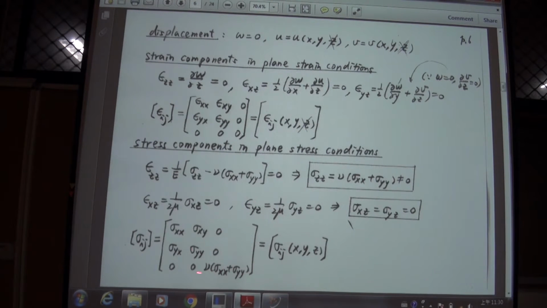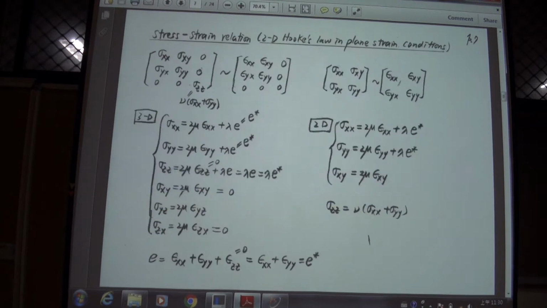Okay, this one and this one are not in the same situation. Let us summarize our situation here. The stress matrix will be written like this, and the strain matrix will be written like this.